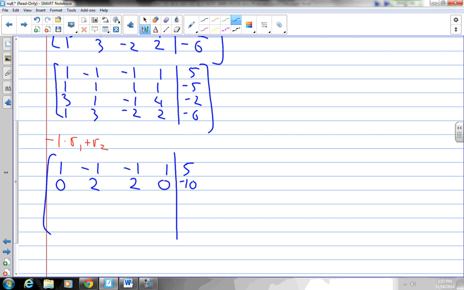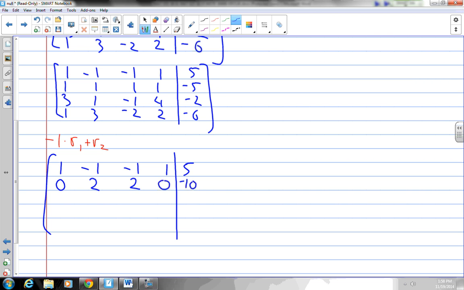Do you agree with that? And you should be able to do that. I think that's right. Is that right? So I'm multiplying each element of the first row by -1 and adding it to the second row. So this is 1 plus 1 is 2, 1 plus 1 is 2, minus 1 plus 1 is 0, -5 is -10.